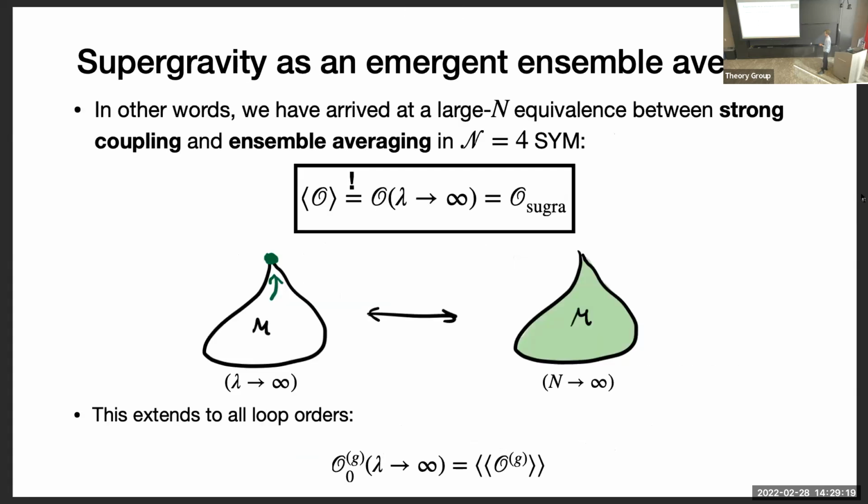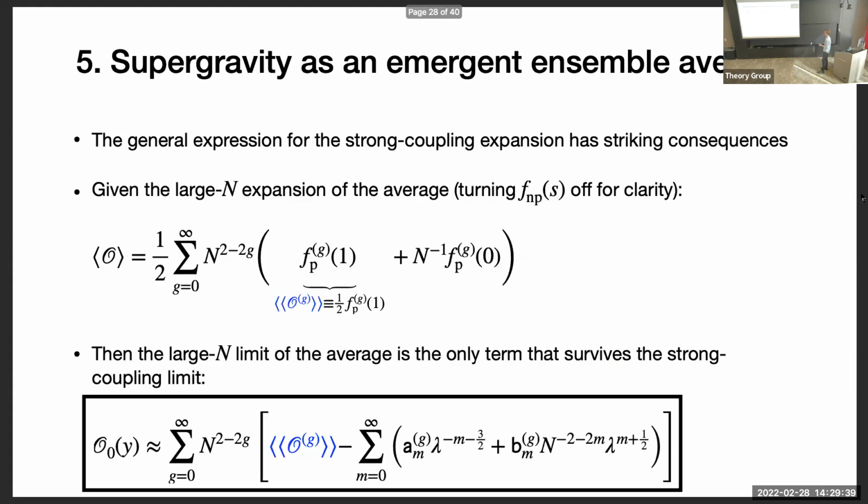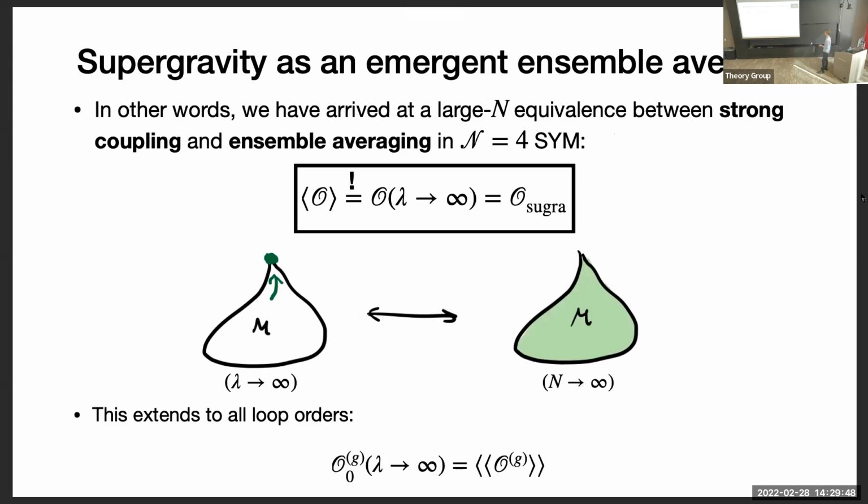In other words, the strong coupling limit of what I called OG, the observable at G loops, is given by this large N limit of the genus G part of the average. Of course, the right-hand side is finite, and if you just compute the left-hand side in supergravity, it generically won't be. That's because it needs to be understood as renormalized in the same sense as this observable, by the presence of these renormalization terms. So in that sense, the correspondence extends to all loop orders.